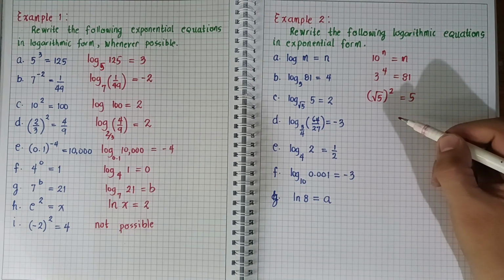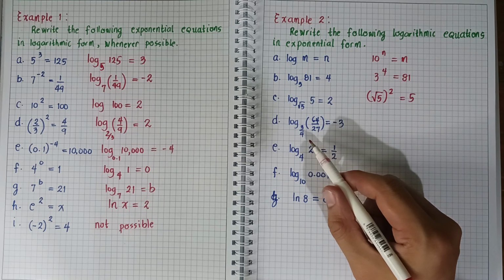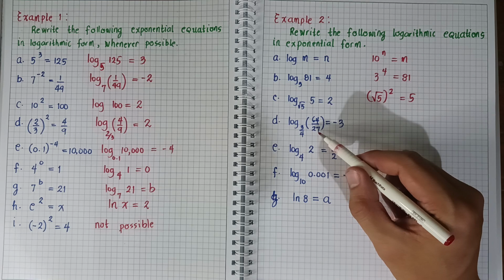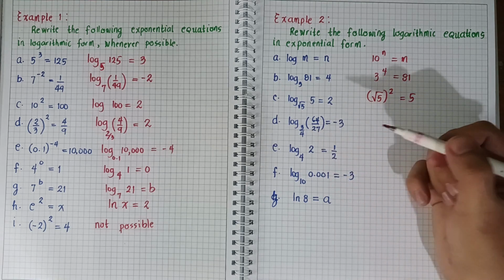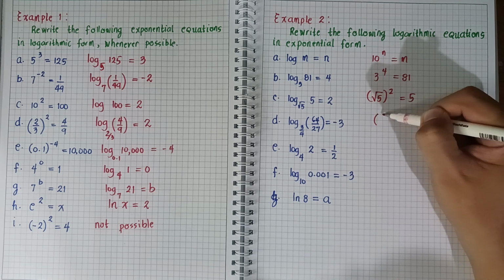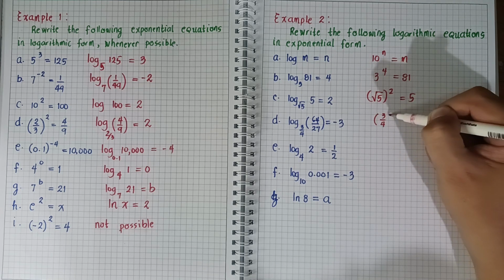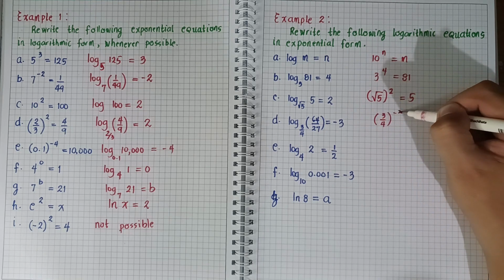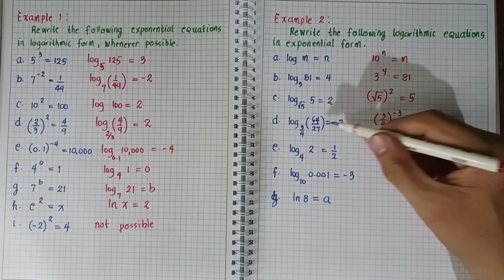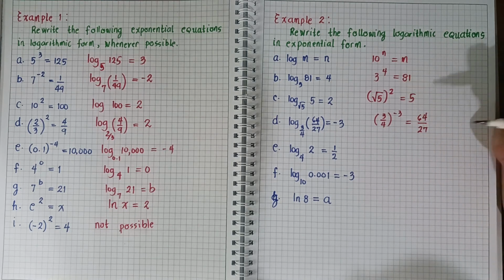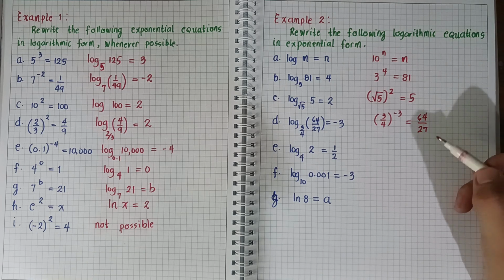Okay, nasundan ba ako, guys? Next, letter D example. So, we have here, yung base natin ay 3 over 4, right? So, 3 over 4. Does it make sense to put the parentheses? Yes, it makes sense. Raised to negative 3 equals 64 over 27. Ganun lang kasimple, guys.